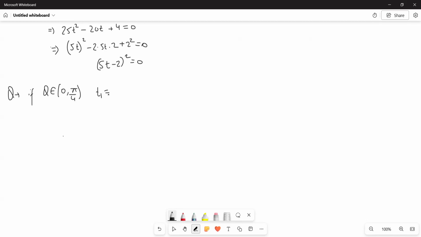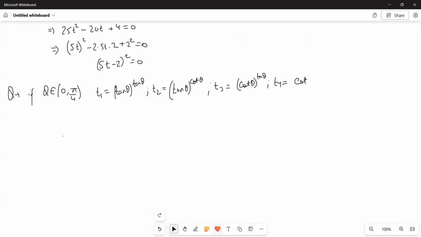such that T1 is tan theta to the power tan theta, T2 is tan theta to the power cot theta, T3 is cot theta to the power tan theta, and T4 is cot theta to the power cot theta.